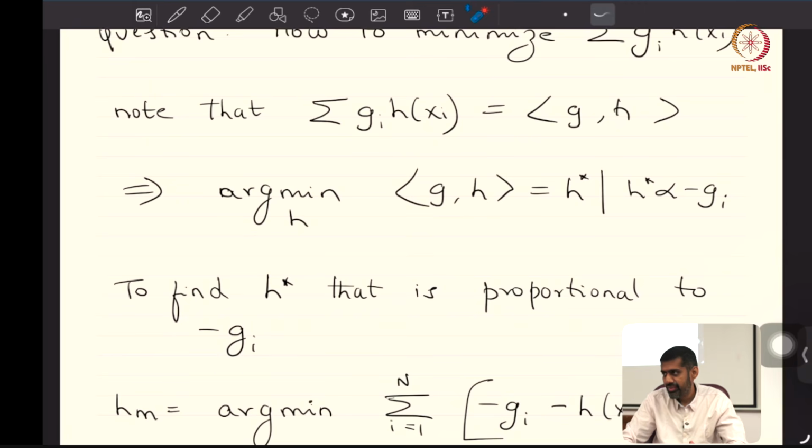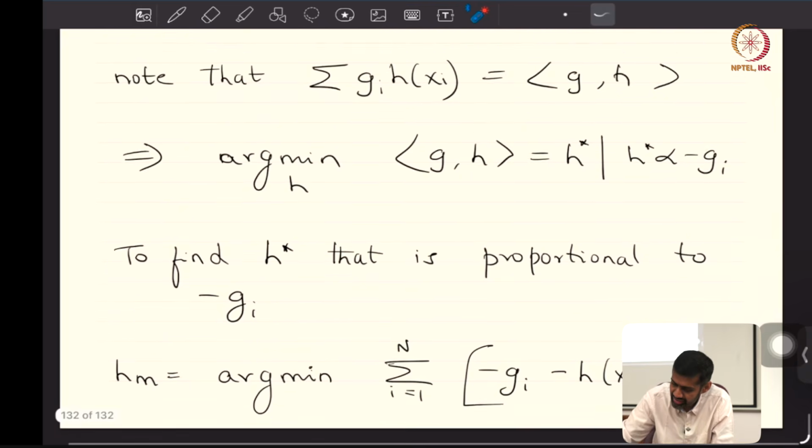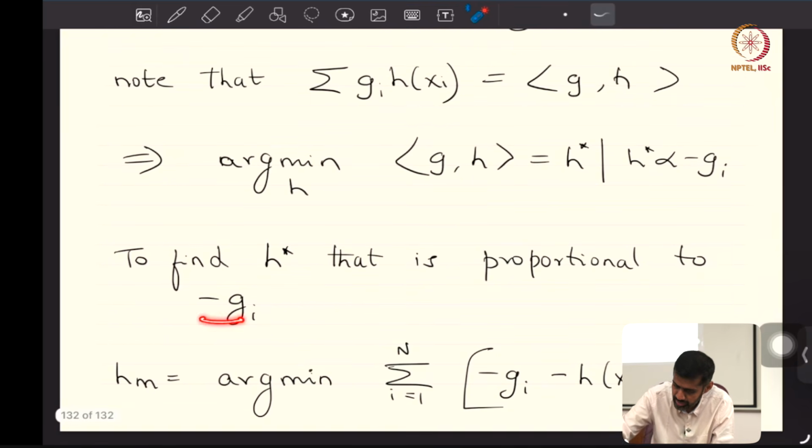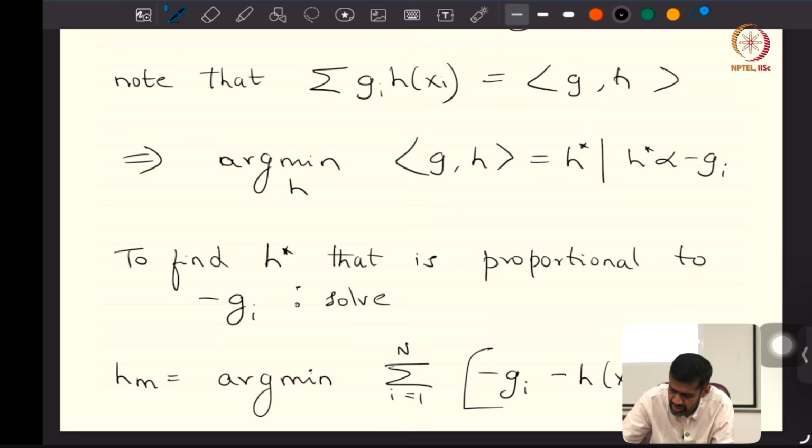That is it. So to find h star that is proportional to minus gi, you will have to solve a regression problem with minus gi as labels.